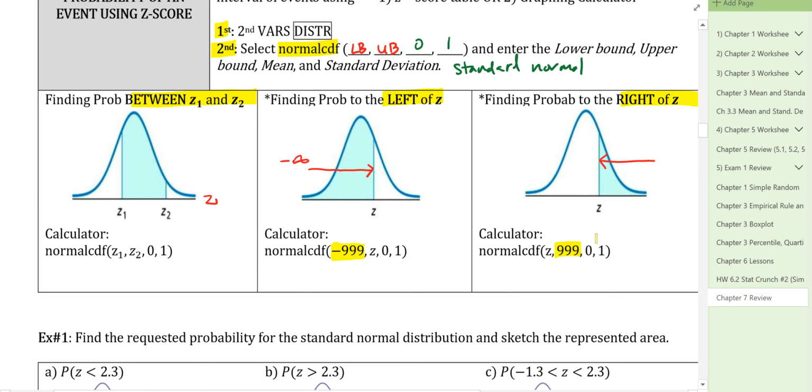Those are the 3 different cases: the area in between, on the left tail, and on the right tail, and those are the calculator steps for them.